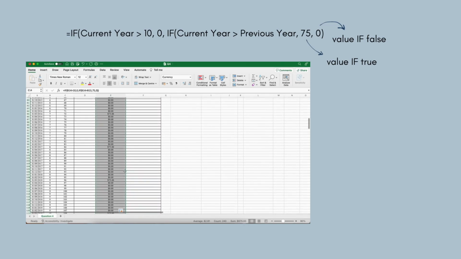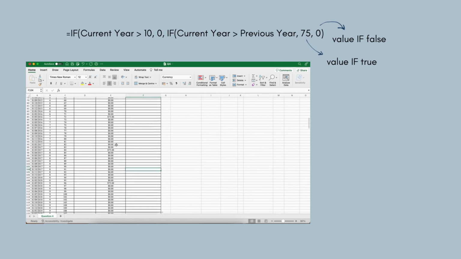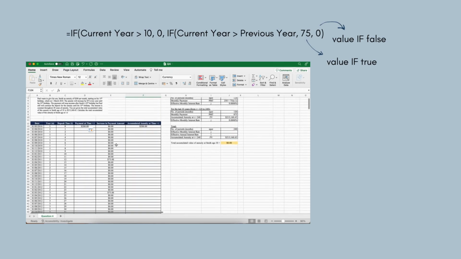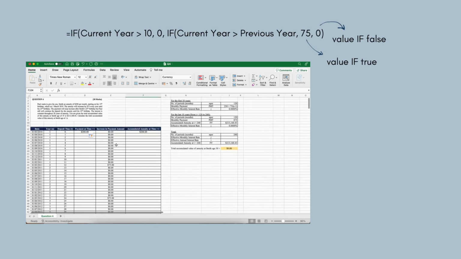So there, as you can see, there will be some periods with $75 increase and some periods without the $75 increase. So that is all for this step.